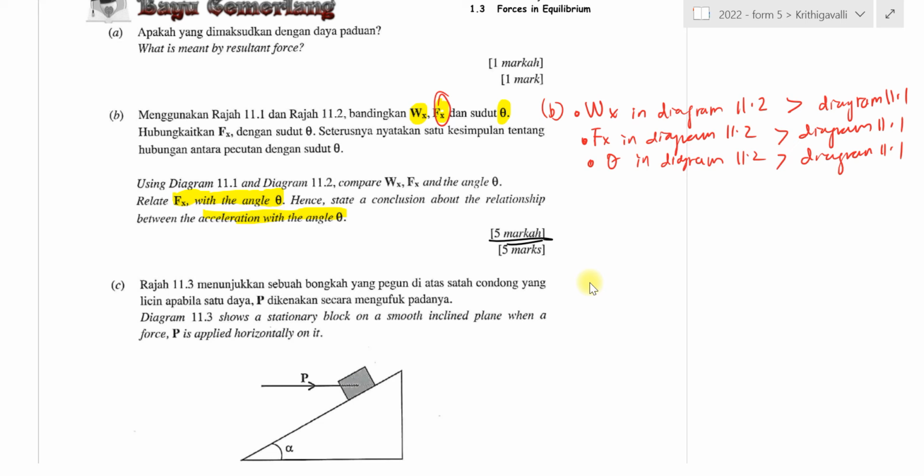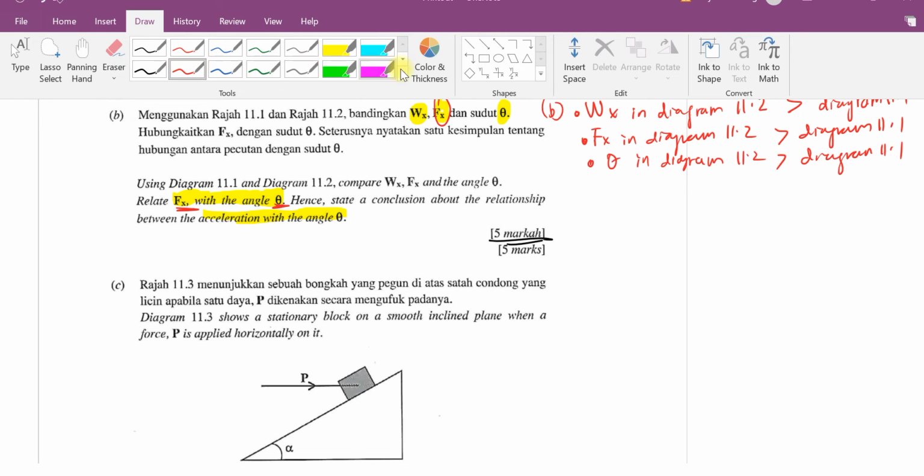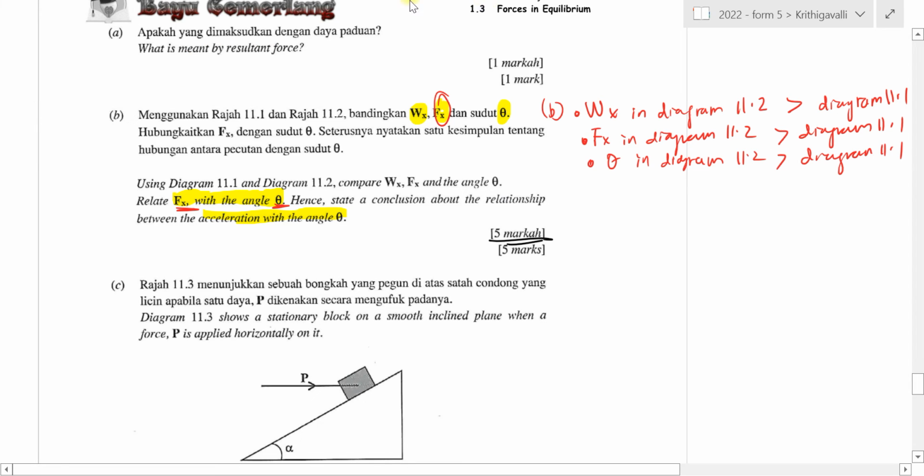Okay, and then make a relationship with Fx and theta. Okay, if you can see, here the Fx is greater, your theta also greater. Nampak tak? 11.2, both also greater, right? So that means greater the angle, greater the Fx.